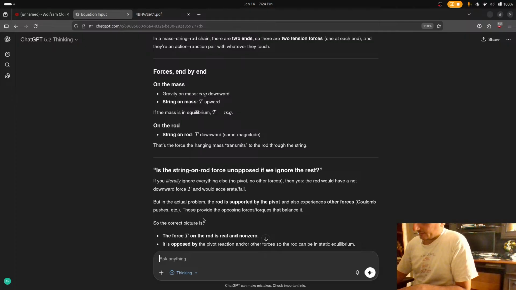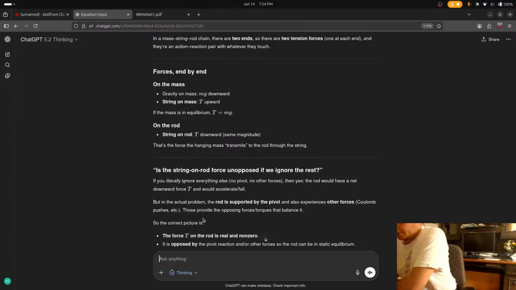RL is going to be minus L over 2, 0, 0. And then RR is going to be just the opposite: L over 2, 0, 0.